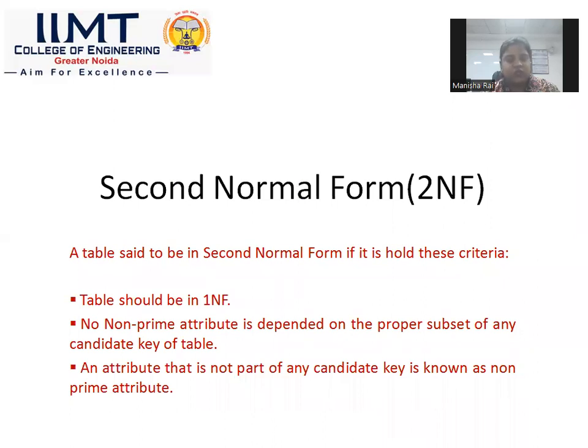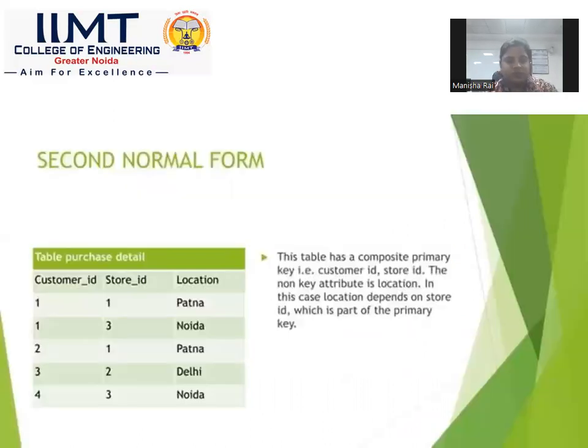First, data should always be present in first normal form, and no partial dependency is allowed here. What is partial dependency? To understand this, look at this table. Here we have one table, the purchase detailing table. We listed some columns here: customer ID, store ID and location.